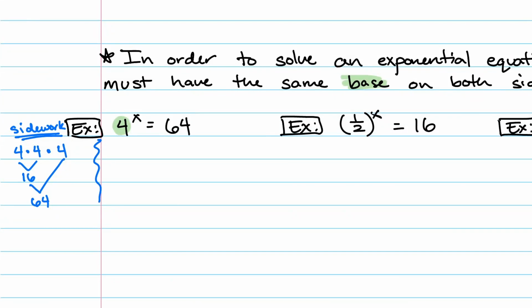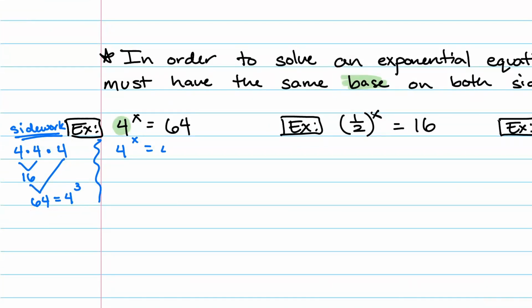That is to say, instead of writing it as 64, 64 is the exact same thing as 4 cubed. Why is that important? Well, because now instead of writing 4 to the x is equal to 64, I can write it as 4 to the x is equal to, remember, we just said that 64 is the exact same thing as 4 to the third power.